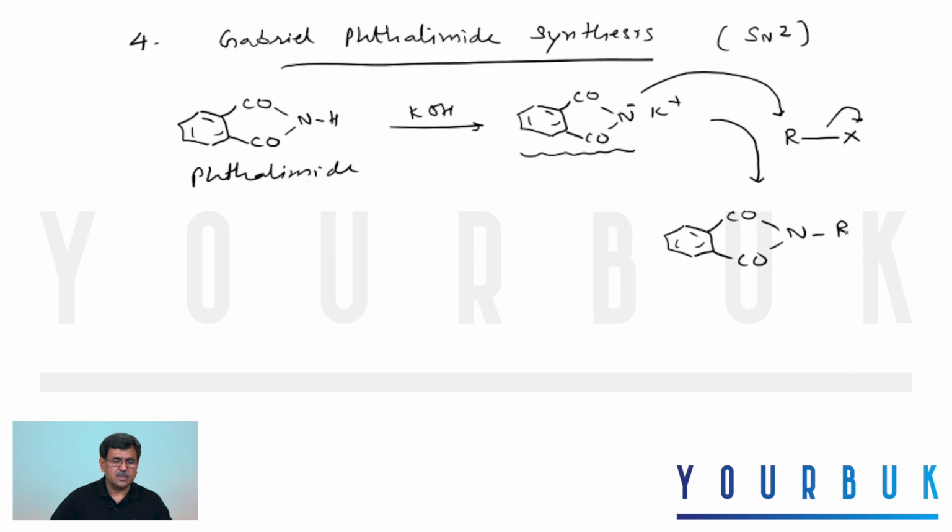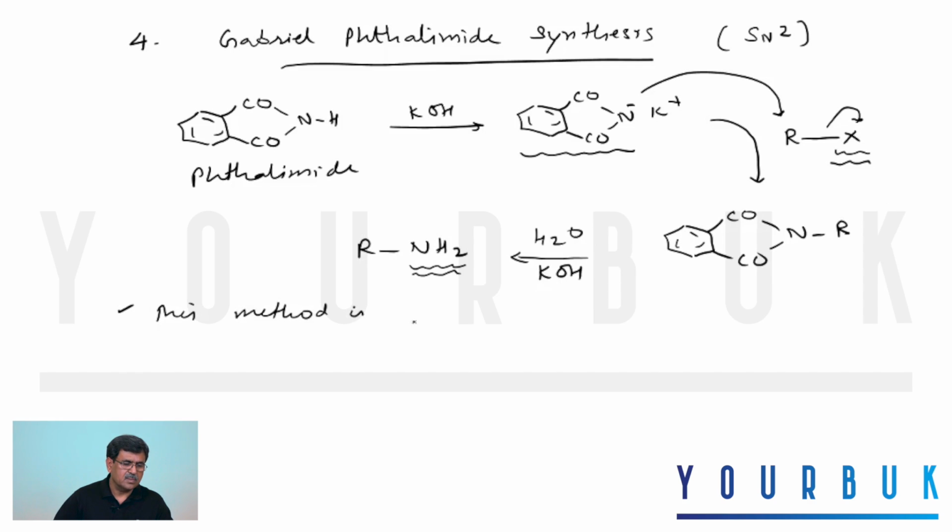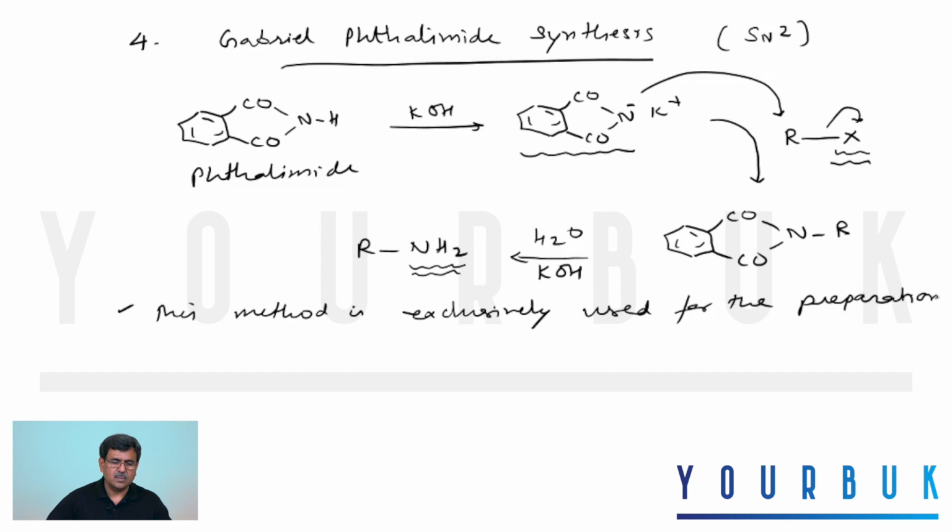So this is N-alkyl phthalimide, which on hydrolysis gives RNH2. So if you look at this reaction, only the X of this haloalkane has been replaced by NH2. So this method is, first point, exclusively used for the preparation of primary amines.